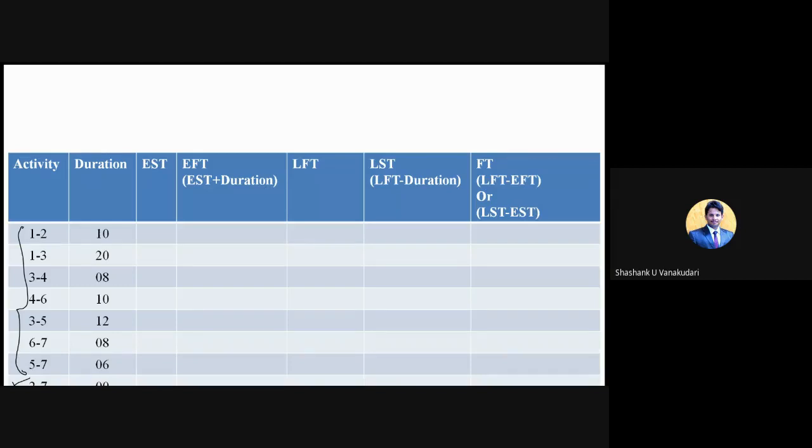So you need to consider that path also, that is 2 to 7. If you skip that, again that part you are going to miss in the activity floats. Okay, so that is a must. Now you calculate it and tell me the answer so that I can write it directly here. If you have not understood by now, you can ask me again, I can re-explain, because if you hesitate and keep quiet, you are losing that.